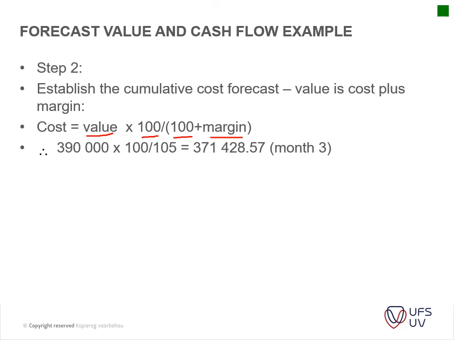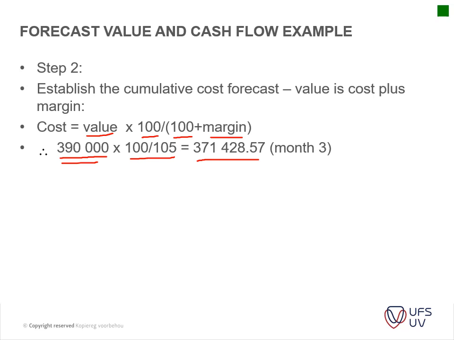So for instance, if you've done 390,000 rand worth of work, your actual cost to have done that work is 370,000. So this is your cost on the project. Okay, very simple. It's basically your expenditure. You're making 5% profit on the amount that is done for that month.